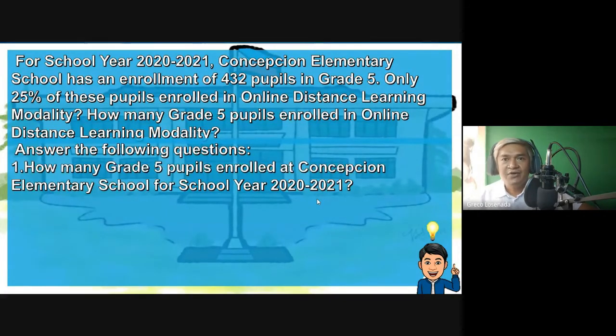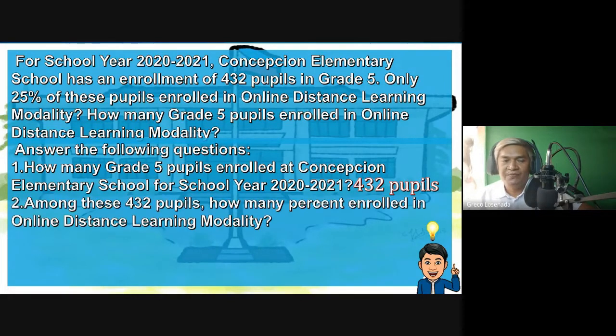How many grade 5 pupils enrolled at Concepcion Elementary School for school year 2020 to 2021? Yes, you are correct. The answer is 432 pupils. Let's have the second question.